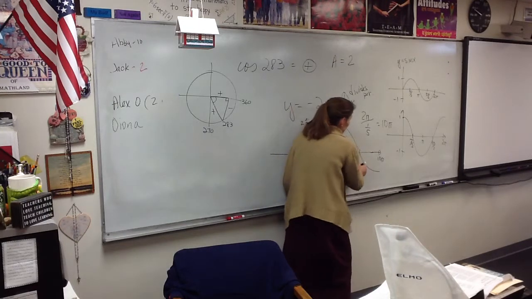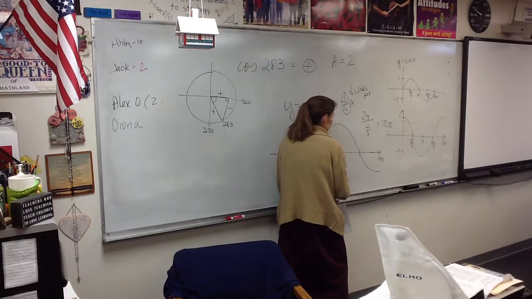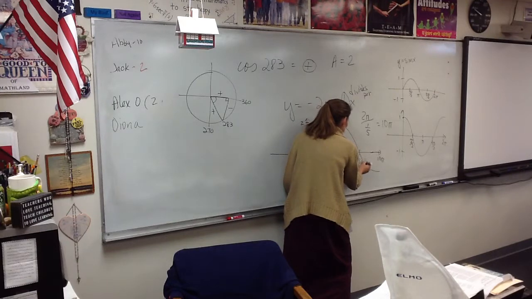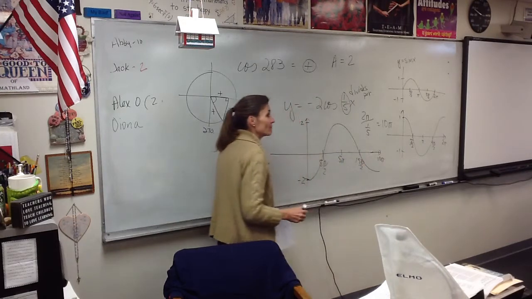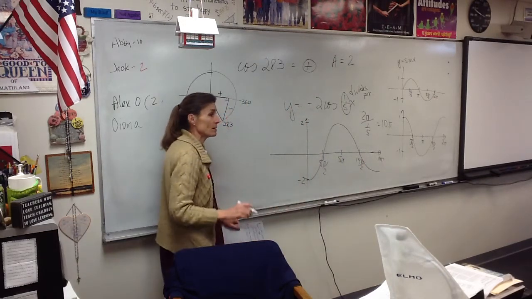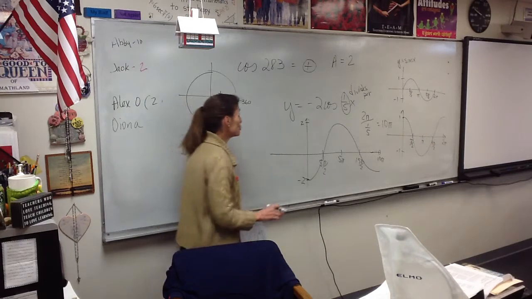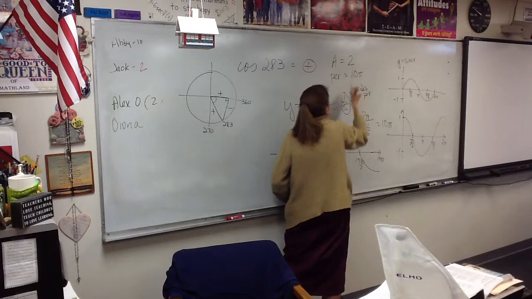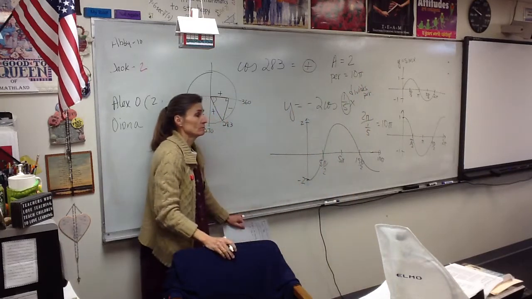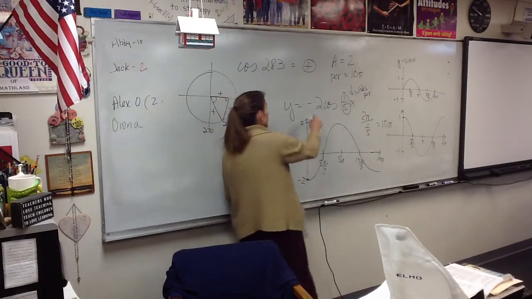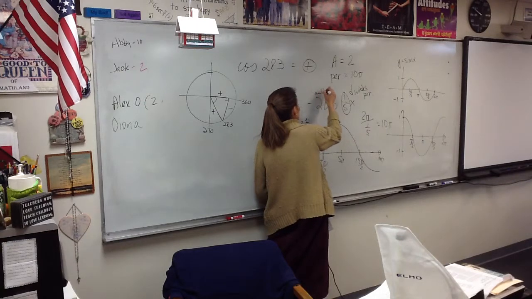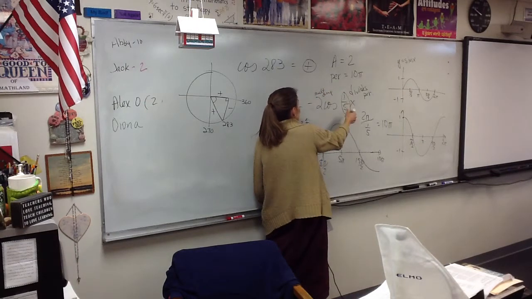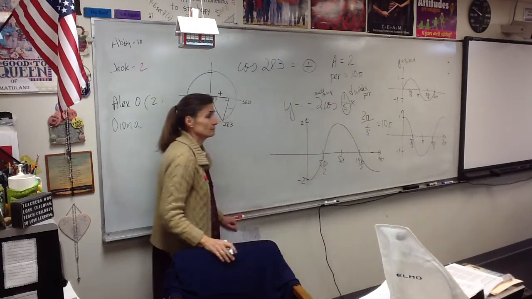What would this one be? 15 pi over 2, very good, you're just timesing it by 5. And that would be a picture. All you had to do was list the amplitude and the period. There they are. This number multiplies the amplitude. This number divides the period.